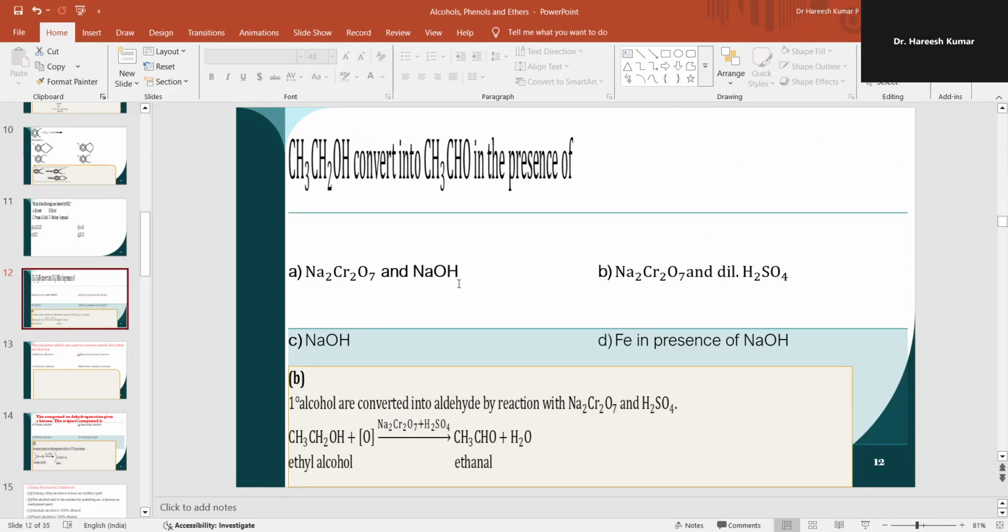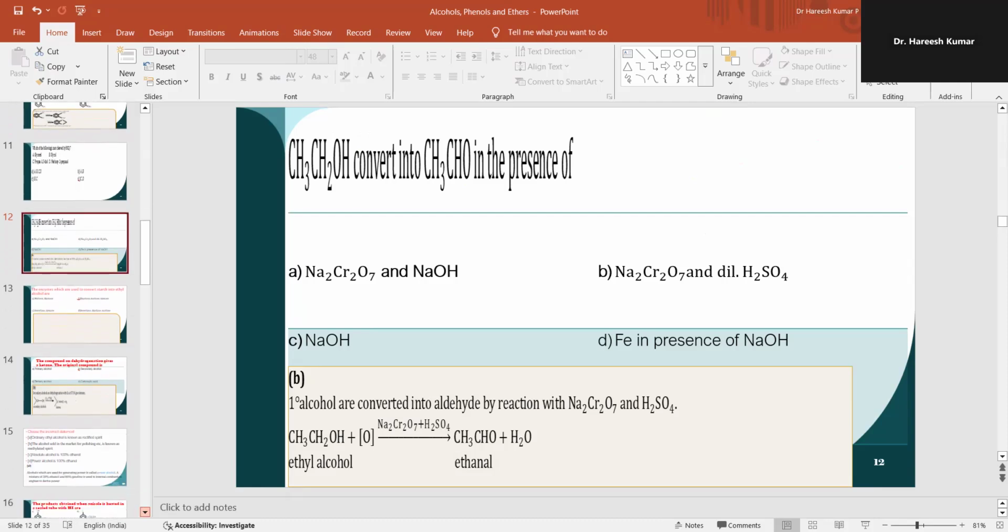Alkaline potassium permanganate would not be the answer here, since there is no permanganate. Since it is potassium dichromate, dilute, meaning acidified potassium dichromate, will be the answer. That means option B will be the answer for the conversion of ethyl alcohol into acetaldehyde. Let's take one more question.